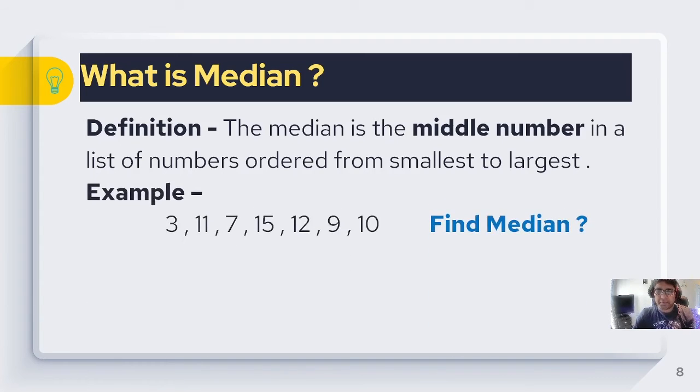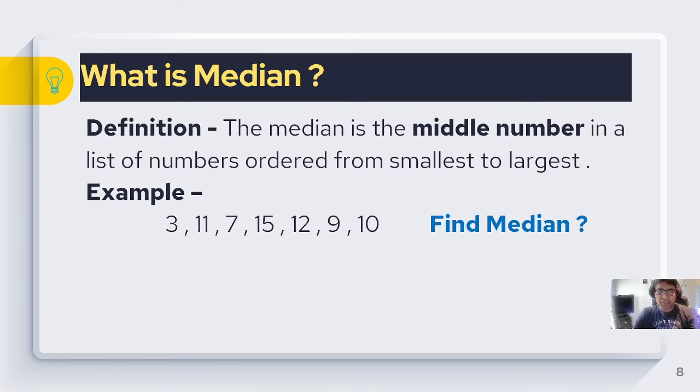So what does that mean? If we have, let's say, data 3, 11, 7, 15, 12, 9 and 10, and somebody asks you to find out the median, what do we have to do? By looking at the definition, we need this ordered list. Are these numbers in a particular order?